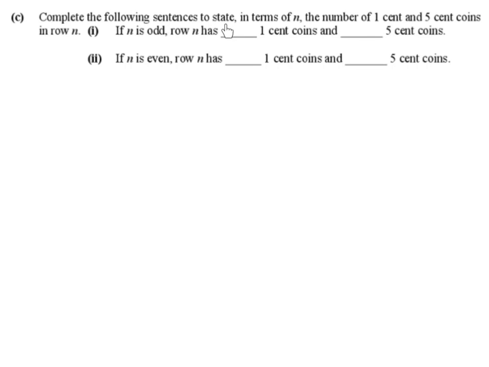Complete the following sentences to state in terms of n the number of 1-cent and 5-cent coins in row n. If n is odd, row n has blank 1-cent coins and blank 5-cent coins. If n is even, row n has blank 1-cent coins and blank 5-cent coins.